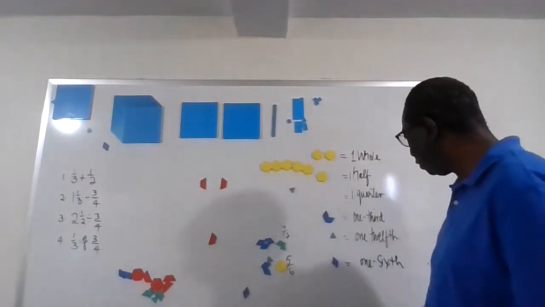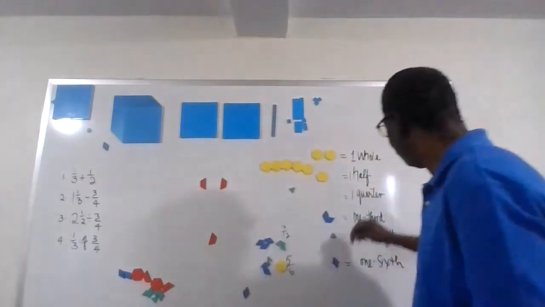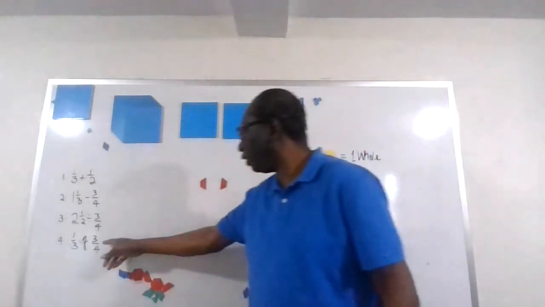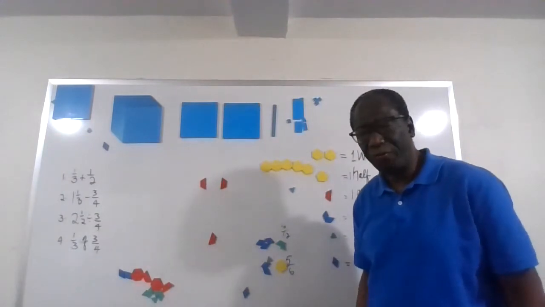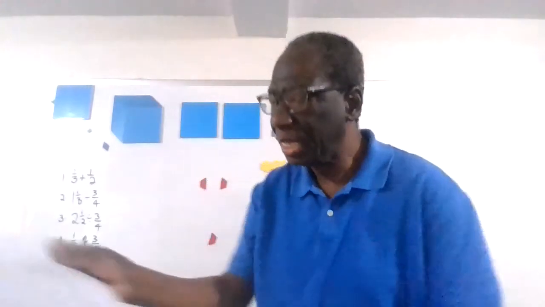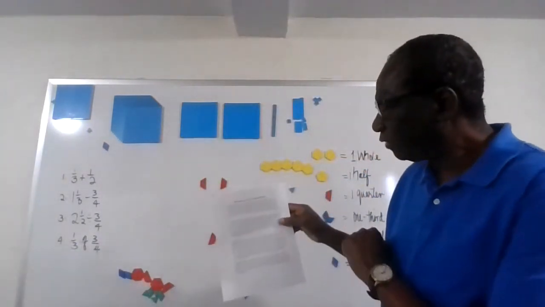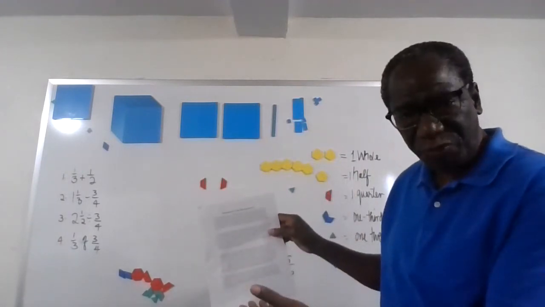You look over here, you realize that your red trapezoid is 1/4. So a third of 3/4 is equal to 1/4. How do you write it up? Take a look at the mathematics with manipulatives script that I provided.